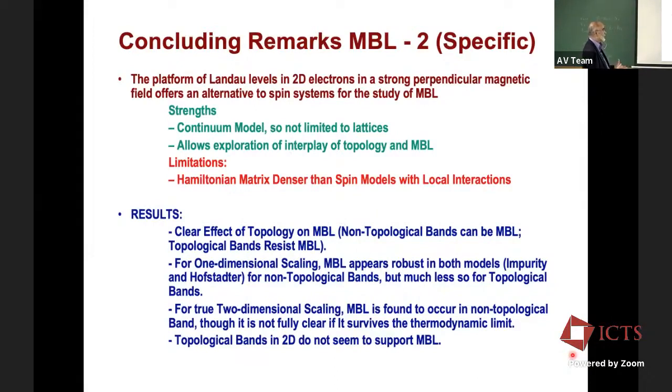And for two-dimensional scaling, MBL is found to occur in the non-topological band, but whether it's just a finite size effect or whether it survives in the thermodynamic limit is not known. But if you have topological bands in 2D, they just really refuse to many-body localize. So that's the punchline of this lecture, I would say. So I'll stop at that point.